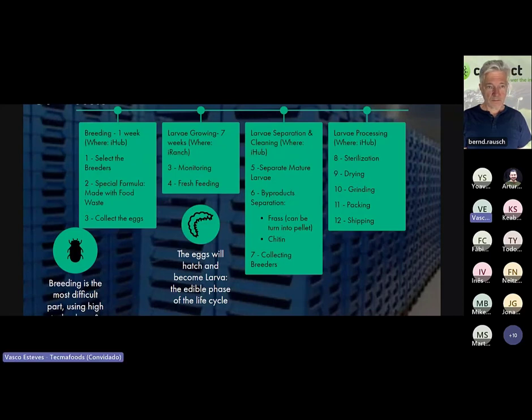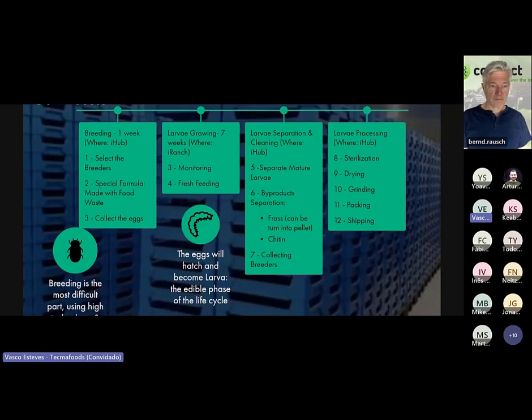Our idea of the process is to have a hub focused on breeding. Breeding is for us the most difficult part, and I think for all breeders. To have a really stable egg production of mealworms is not easy. The pupa ratio, from pupa to beetle, is also difficult to maintain at a good percentage.